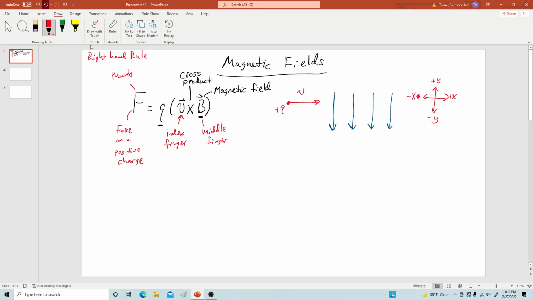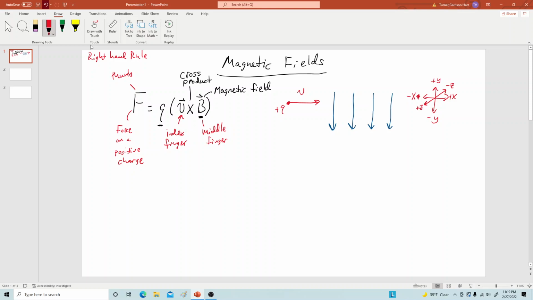Now, how do we denote that, since we actually have to work in 3 dimensions here? First things first, what direction is that? Into the screen is actually your negative z-axis. So our coordinate system actually now looks like this.